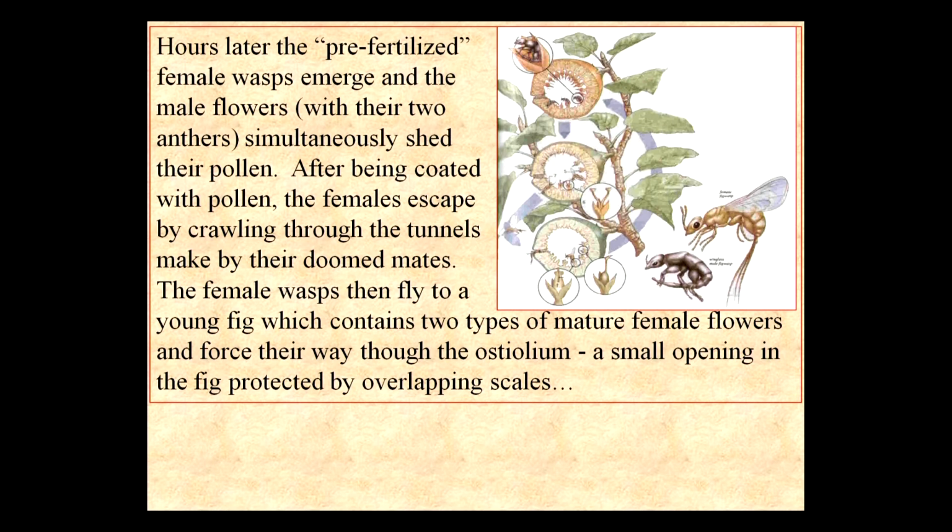Okay, they got out by crawling through the tunnels made by their doomed mates. The female wasps then fly to a young fig, which contains two types of mature female flowers, and force their way through an ostiole, that's a small opening protected by overlapping scales, and nothing else can get in there, just this particular female wasp. So she gets the whole thing.